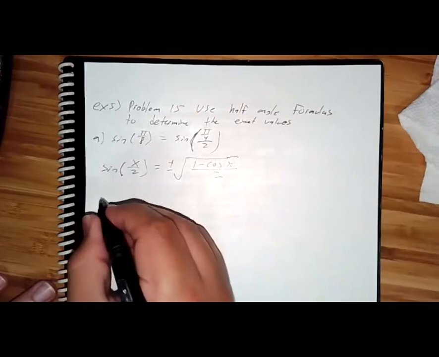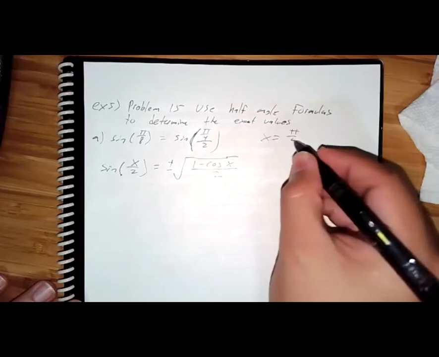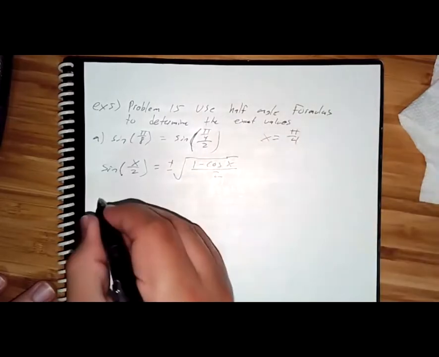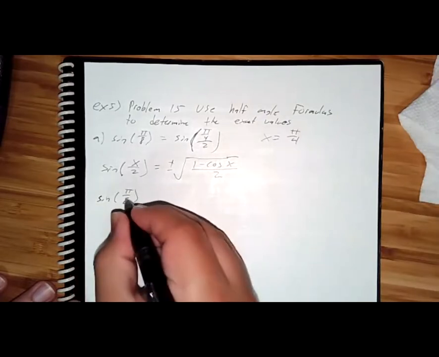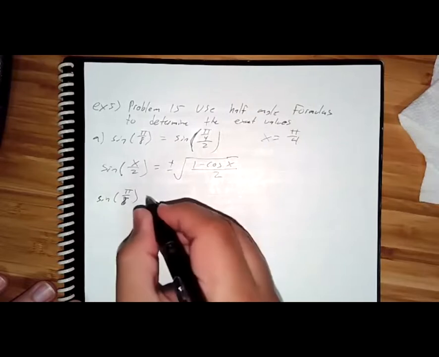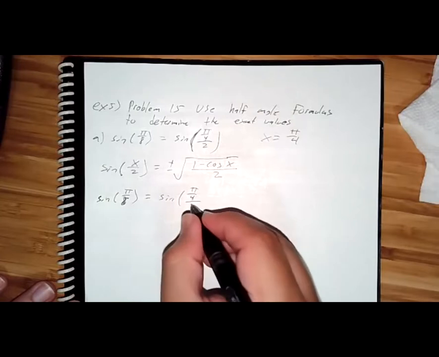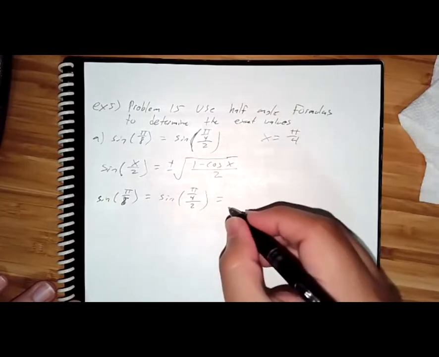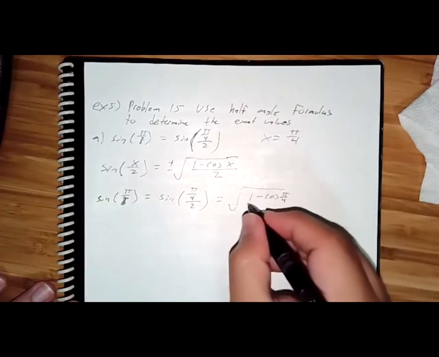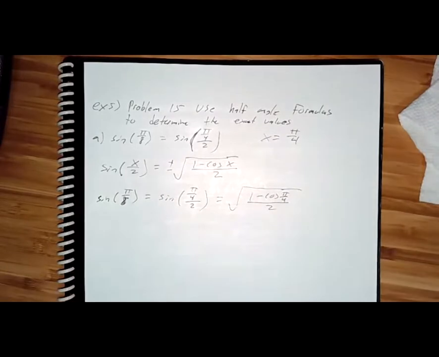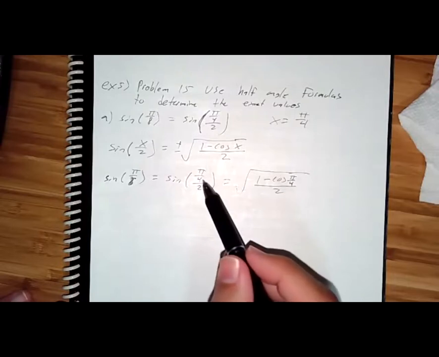Here x is pi over 4. So applying this formula will give us square root of 1 minus cosine pi fourths over 2. Does that make sense? You just rewrite the question into an angle you know is on the circle.